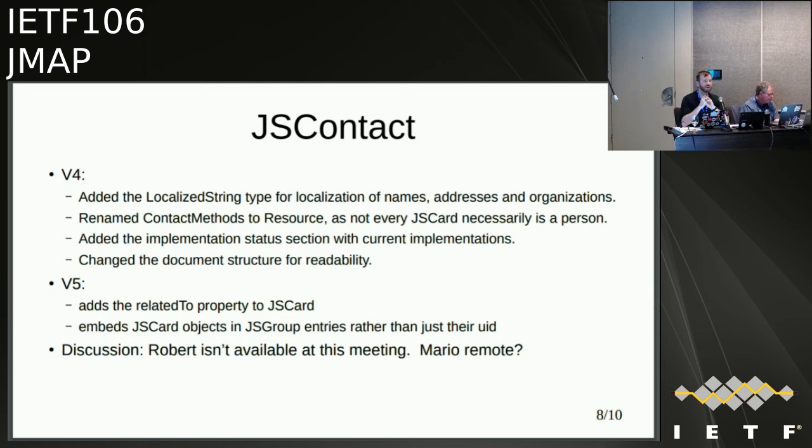Yep. Why not? All right, so I'll put an adopt for JSContact for January next year, and then have testing by the end of the year. Probably have something ready for testing at least, if not published. Cool.